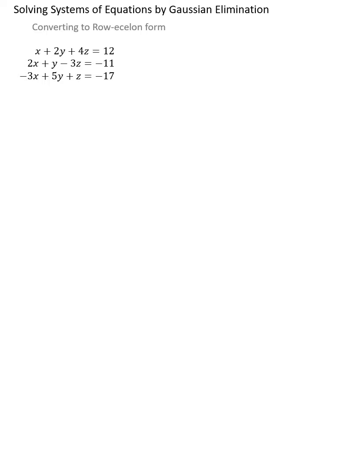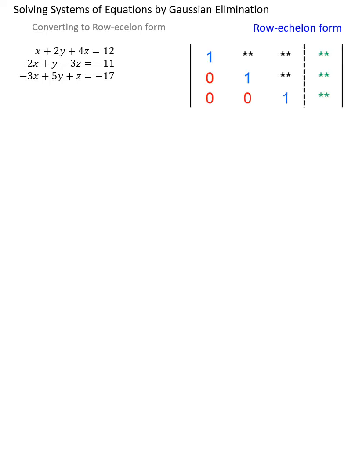So here is the same system of equations that we've been working with this whole time. And to use the Gaussian discovery, we want to convert this into row echelon form, meaning we want ones on the main diagonal and zeros all underneath those ones.